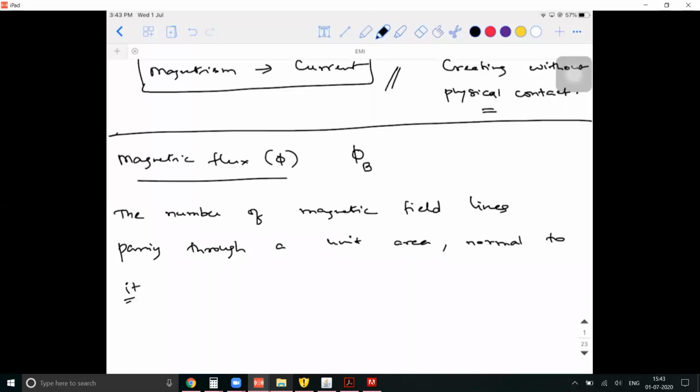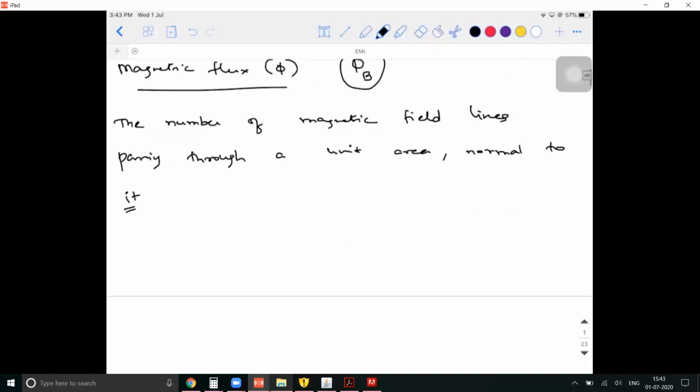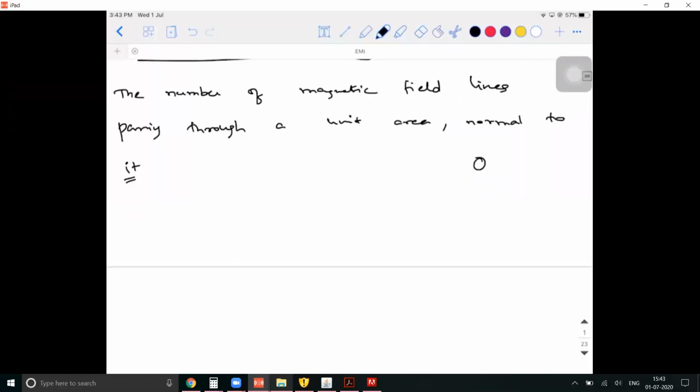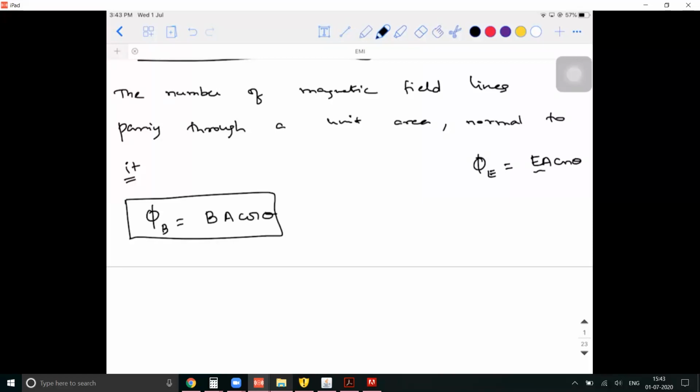Make a note of it. If you're able to define something like this, then the parameter is what is called as magnetic flux. So how did we write electric flux? Electric flux was written as E A cos theta, right? In a similar way, magnetic flux will be written as, instead of E, you will have B, and you will have A cos theta.